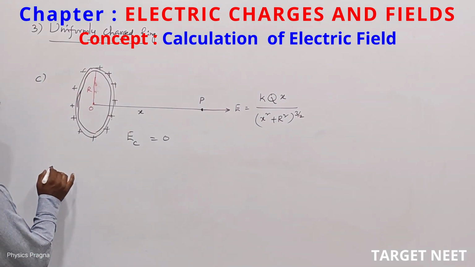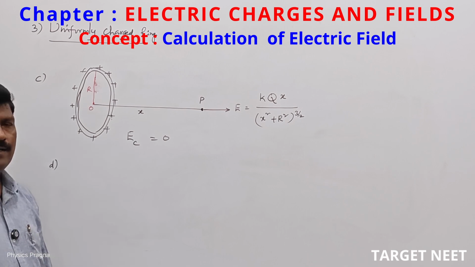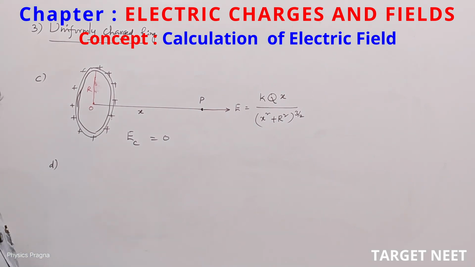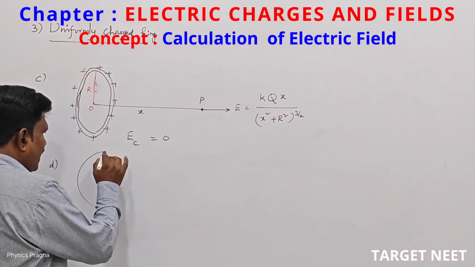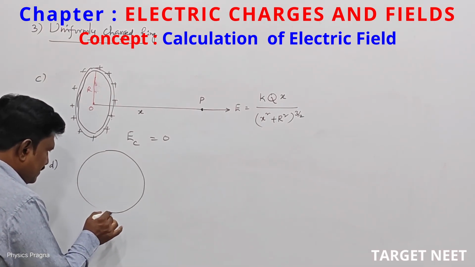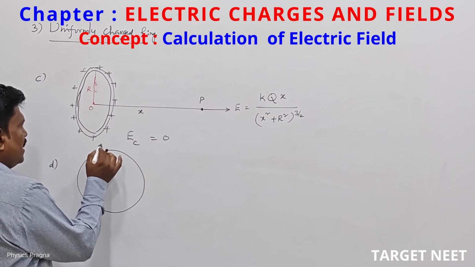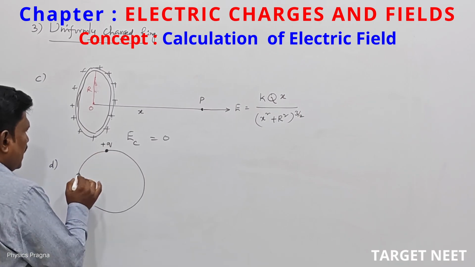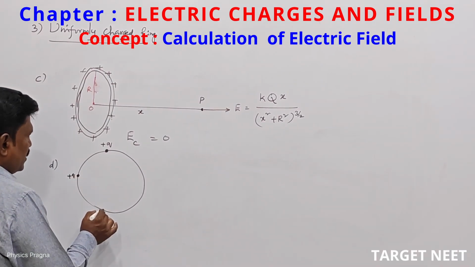Now, one more point you have to remember is that sometimes they will give a pentagon or hexagon, a regular pentagon like that. If it is so, imagine a circle. So pentagon is given. This is a charge Q and this is another charge Q. These are all point charges.